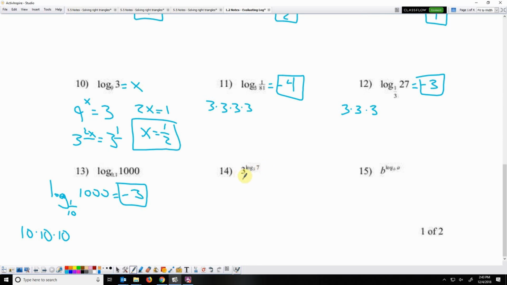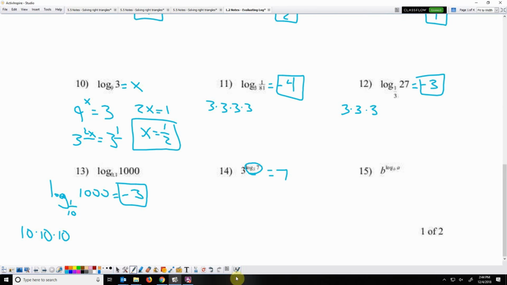Okay, now this next one's a little bit different. 3 raised to whatever power raises 3 to make 7. The answer is going to be 7. But we just need to think about what that question is asking. 3 raised to whatever power, because the value of this log is a power, raises 3 to make 7. If I raise 3 to that power, I'm going to get 7.